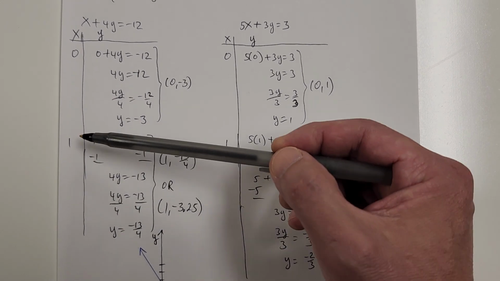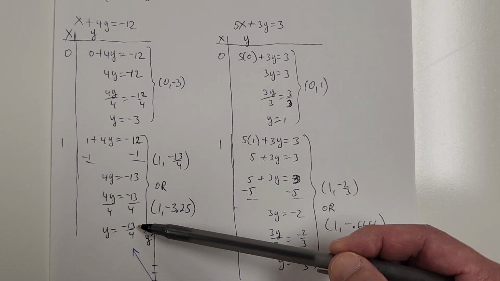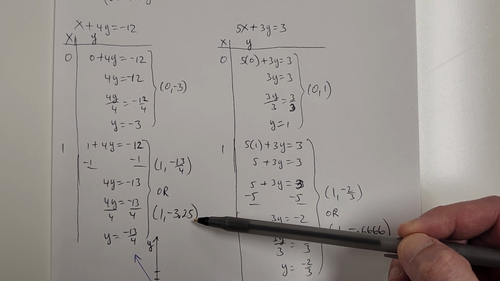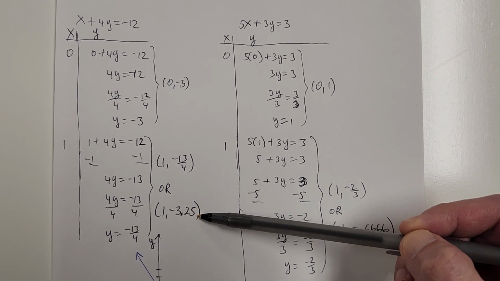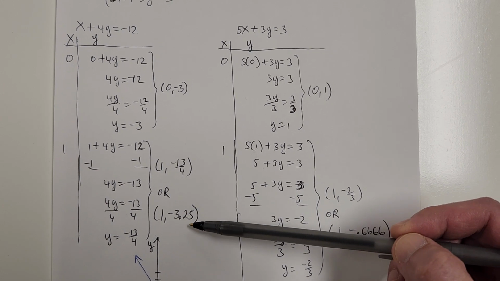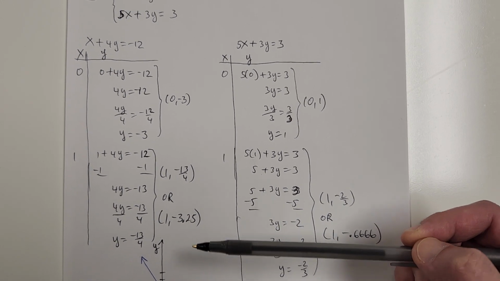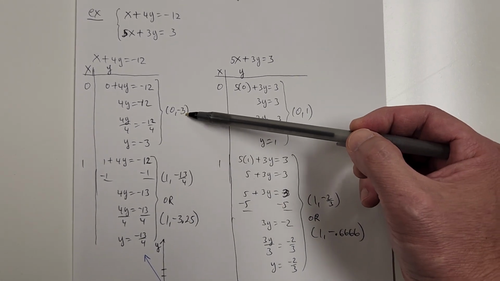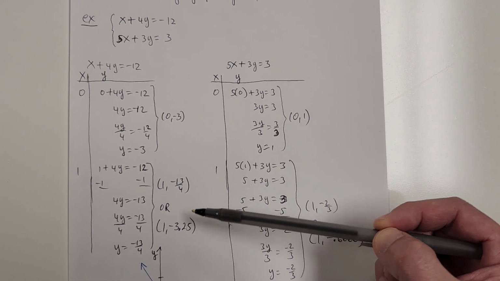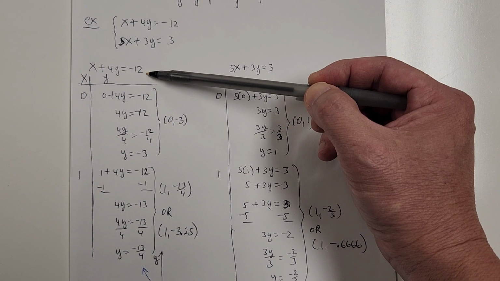So my next point is (1, -13/4), or you can change it into decimal, which comes out to be (1, -3.25). So these are the first point and the second point for the first equation.